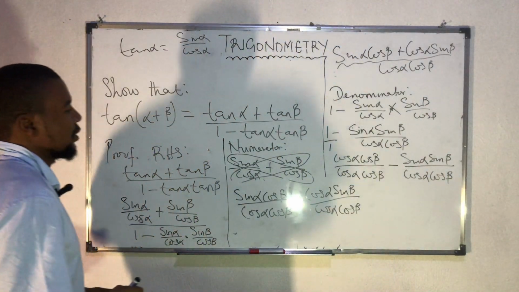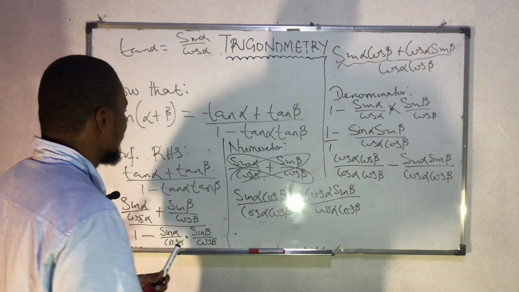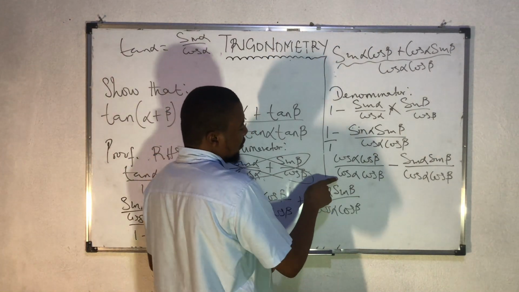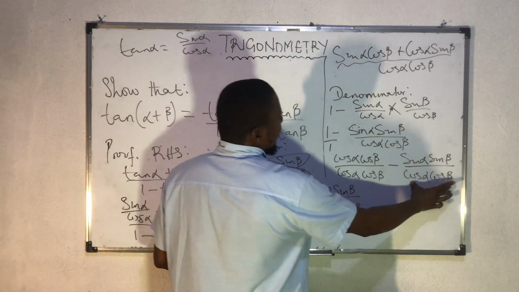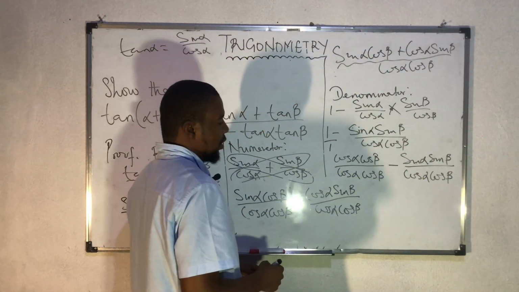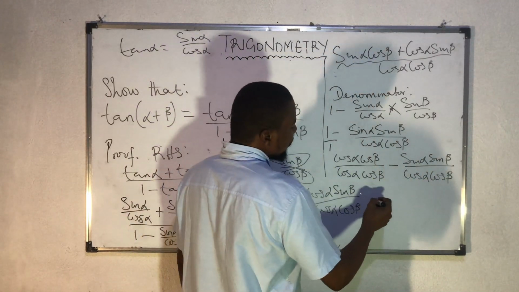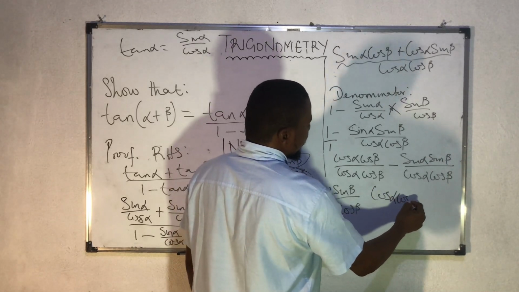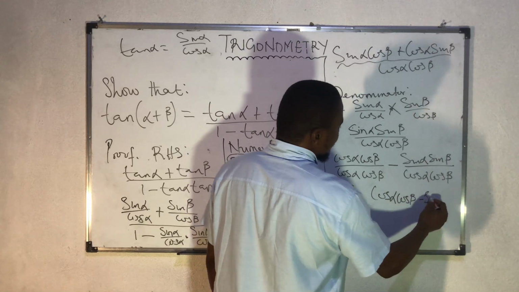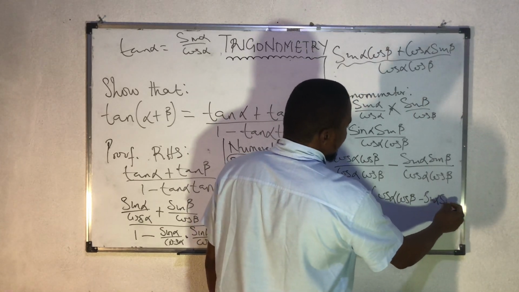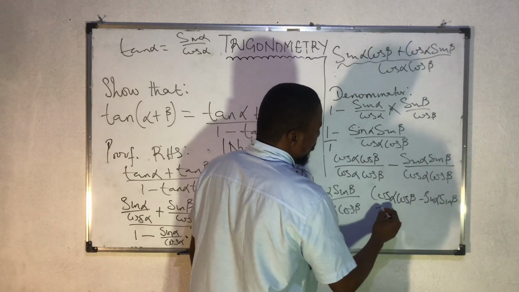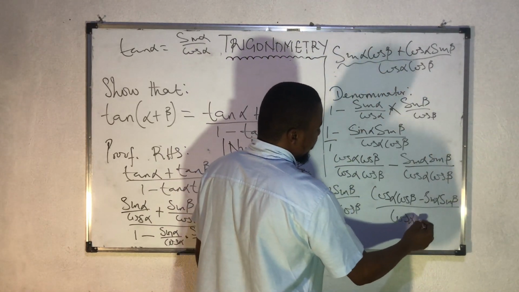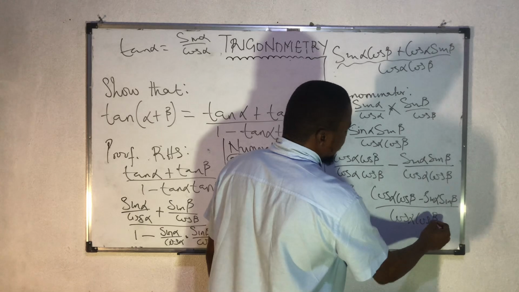We've now seen that the denominators are looking alike. Therefore, we can go ahead and combine them. They are now cos alpha cos beta, and on the right we have cos alpha cos beta. Let's combine them. We shall now obtain cos alpha cos beta minus sine alpha sine beta over their denominator, which is cos alpha cos beta.